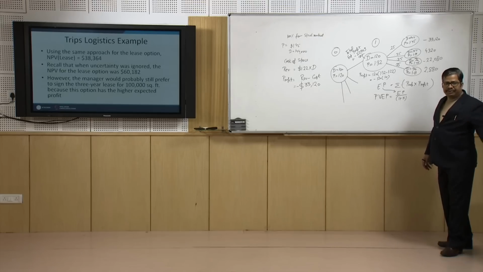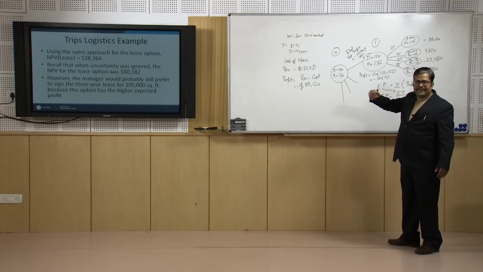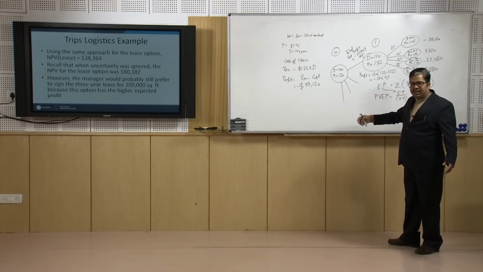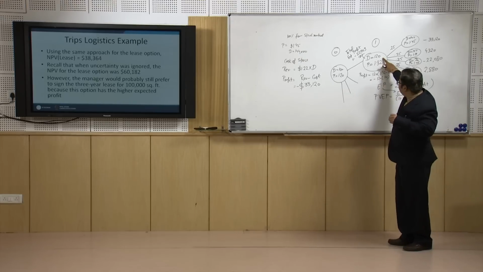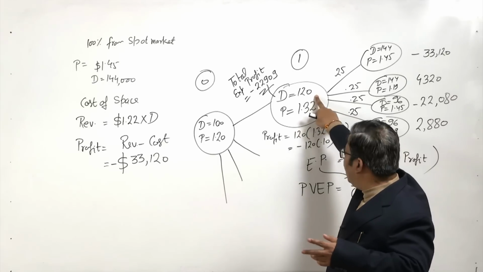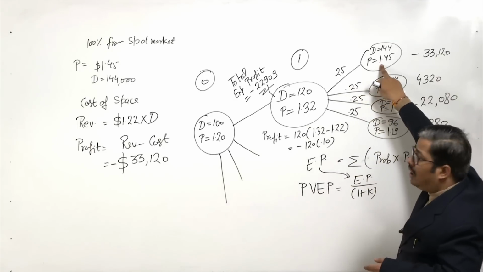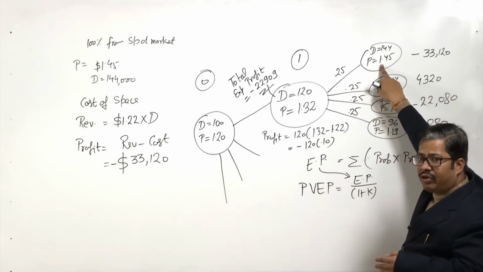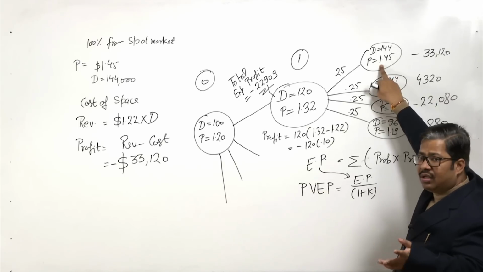I have wasted my money, because my company has a system of fulfilling all the demand. So what will happen is that 100,000 I will fulfill from my warehouse, and the remaining 20 I will go to the spot market. Here 100 units I will fulfill from my warehouse, and for the remaining 44 I will go to the spot market.